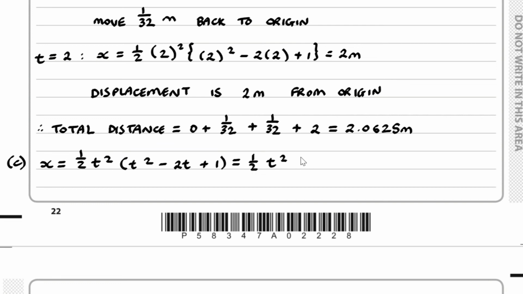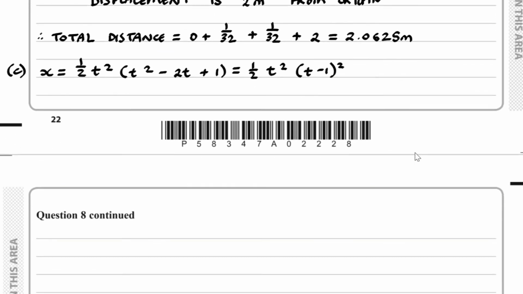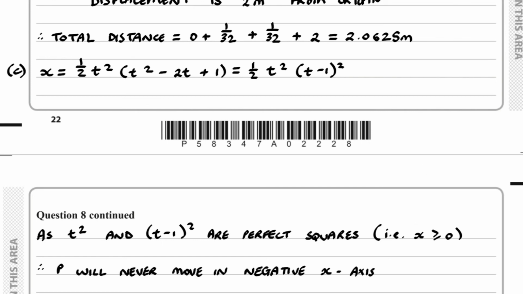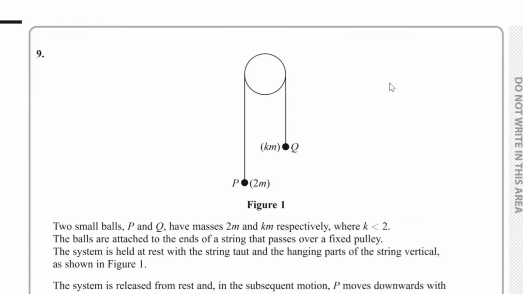I've got 1/2 t squared times (t minus 1) squared. And so what we can say then is, as t squared and (t minus 1) all squared are perfect squares, in other words, x is always greater than or equal to 0, we can conclude P will never move in the negative x-axis.